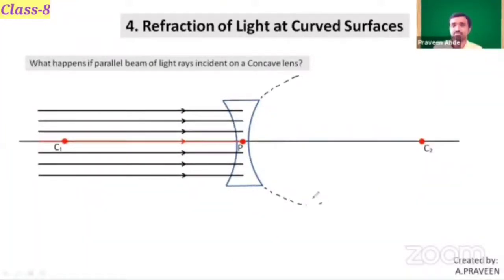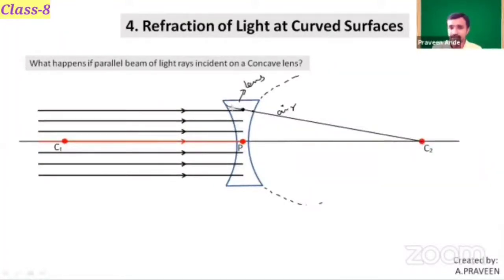Small mistake I made: that ray is already in the denser medium, it has entered the lens. Then it comes out into the air at this point. So we have to construct the normal from the right side, because it is refracting from the right surface.